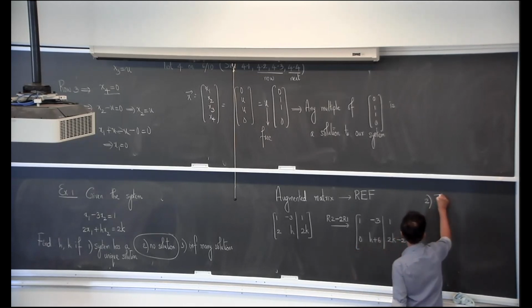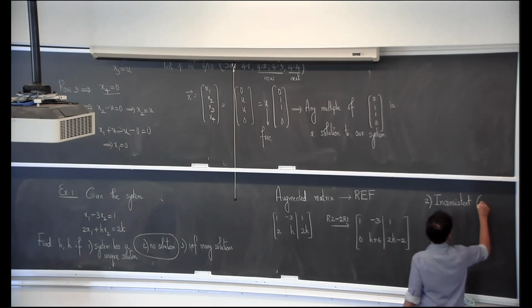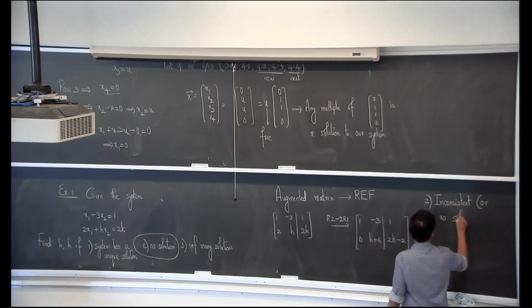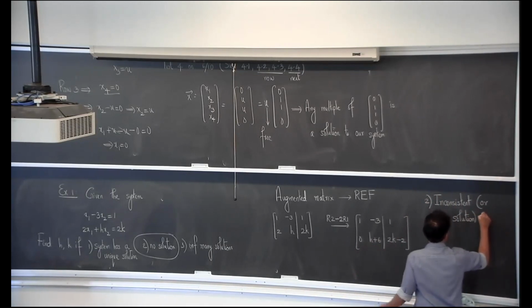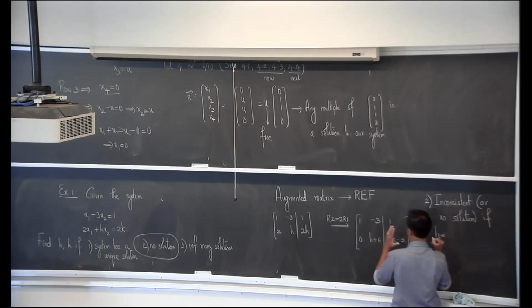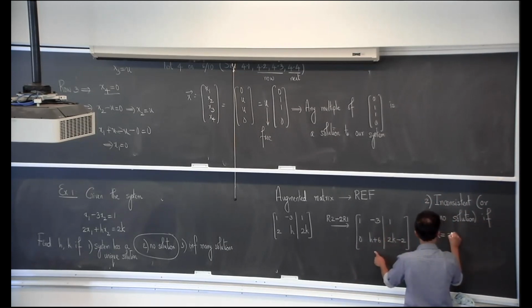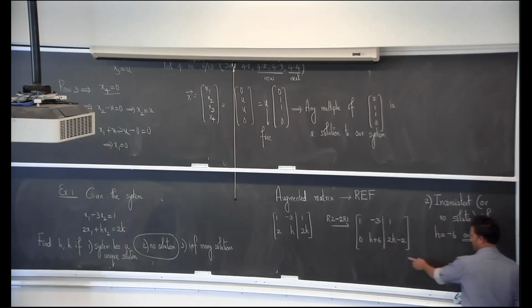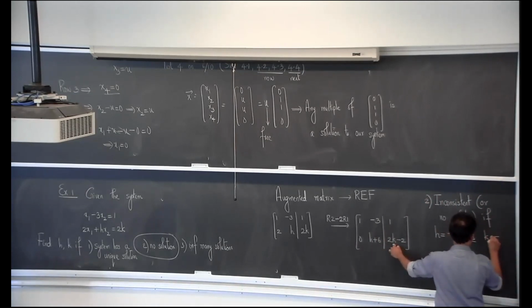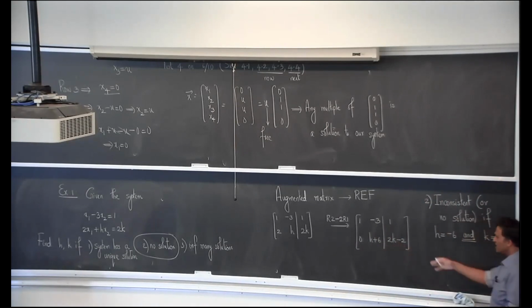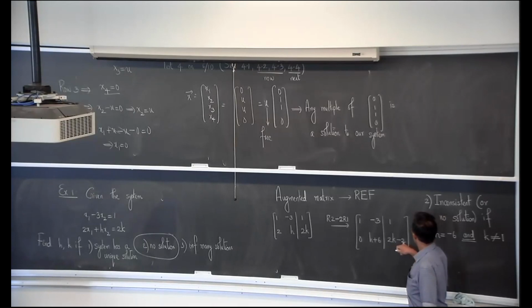The system is inconsistent, or no solution, if h is equal to -6, so it's hitting a sweet spot of that one particular number, -6, and it has to come with another condition: k is not equal to 1, because if k is equal to 1, you have 0 here. So you have 0, 0, 0. That's okay. What you don't want is 0, 0, and a non-zero number here.